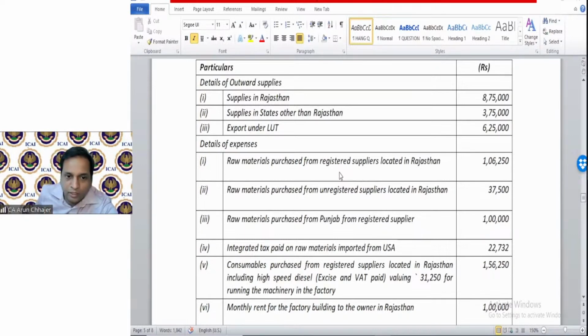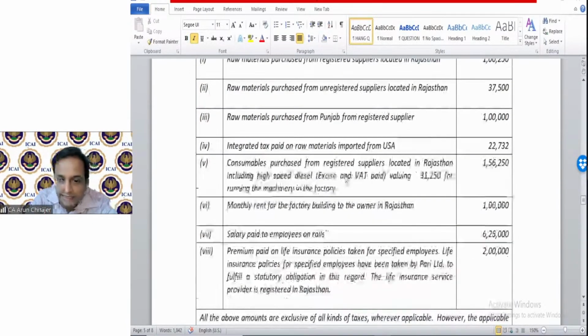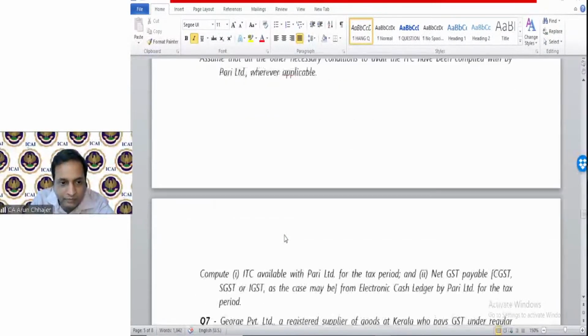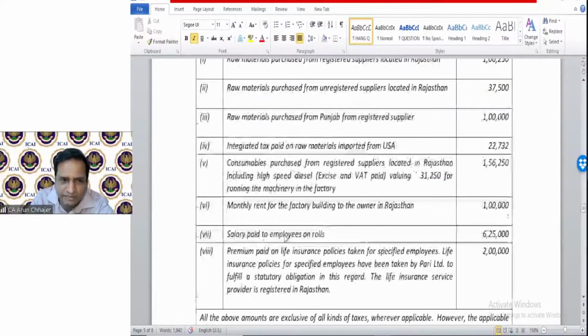Raw material purchased from a registered supplier located in Rajasthan, and from an unregistered supplier located in Rajasthan. Raw material purchased from a registered supplier in Punjab. Integrated tax on purchase from USA. Consumable purchase from a registered supplier located in Rajasthan, including HSD. Monthly rent for factory building. Salary paid to employees on roll. Premium paid. Compute the same thing.